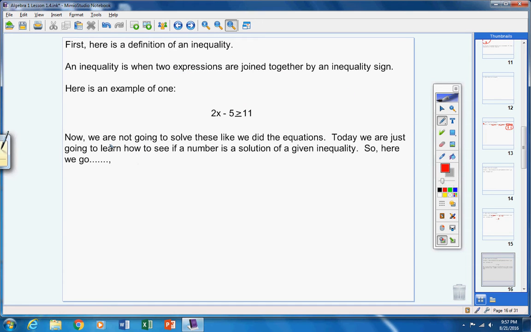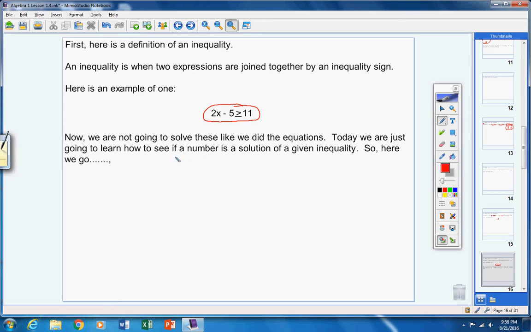Now, we are not going to solve these today. Okay, I know we just solved equations. Today in this lesson, we are not going to solve inequalities. We will learn how to solve those later on during the year, okay? Today we are just going to learn how to see if a number is a solution for the inequality.